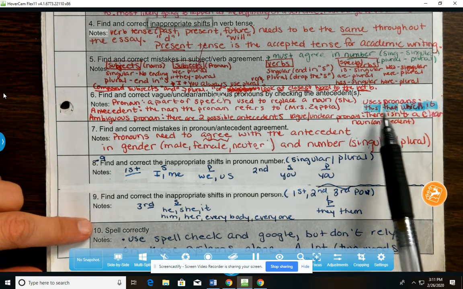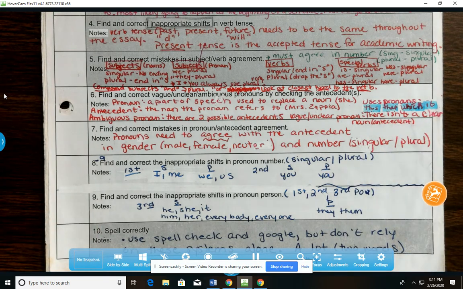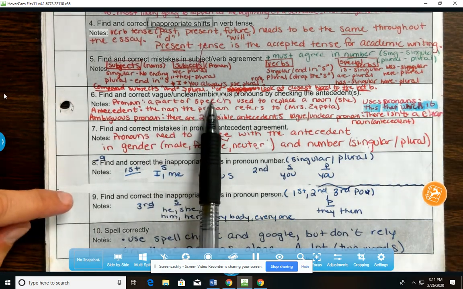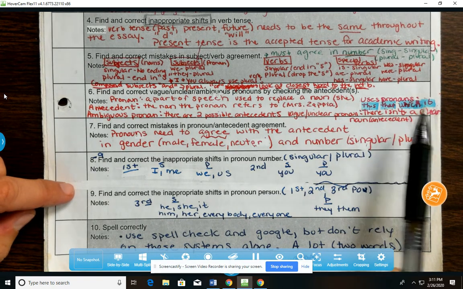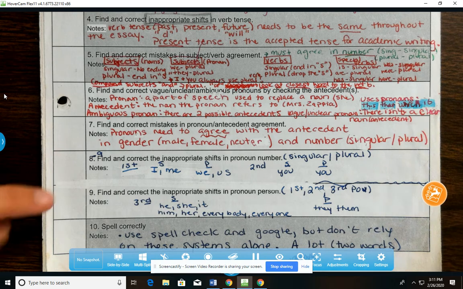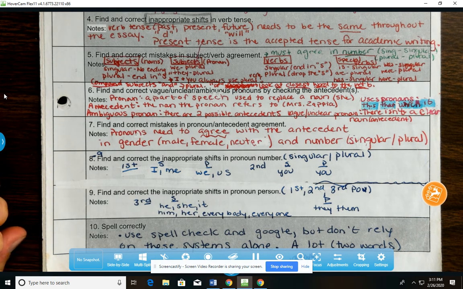Common pronoun problems: words that tend to be used when we have vague, unclear, or ambiguous pronoun options. The words this, that, which, and it are the biggest culprits that students make mistakes with in their writing.